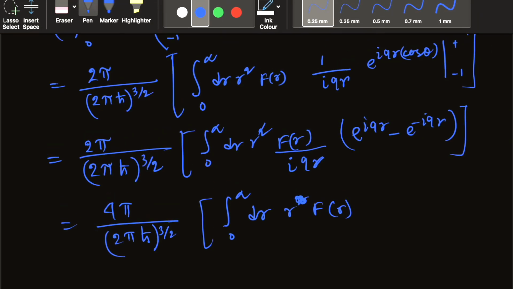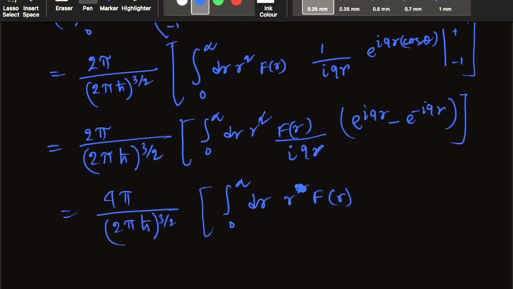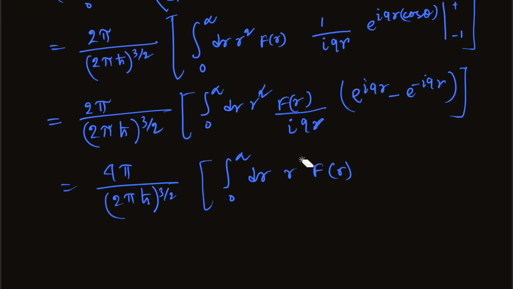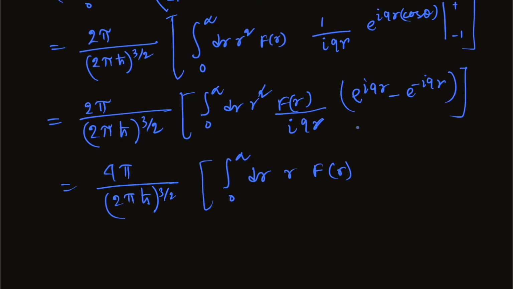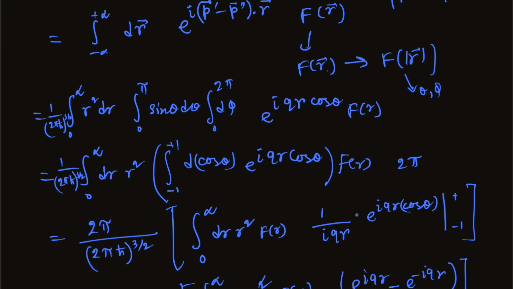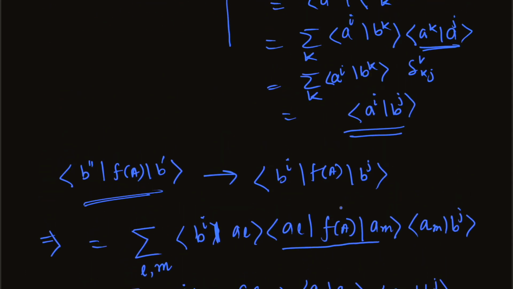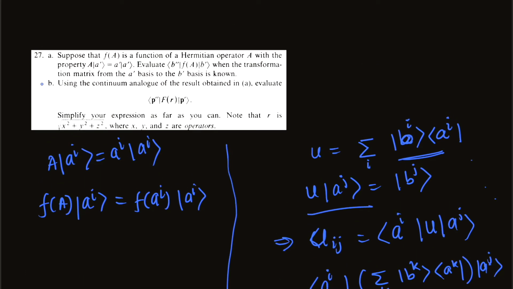So let us erase this. f(r) will be sine q r over q. So that means we have solved question number 27, both A and B part.